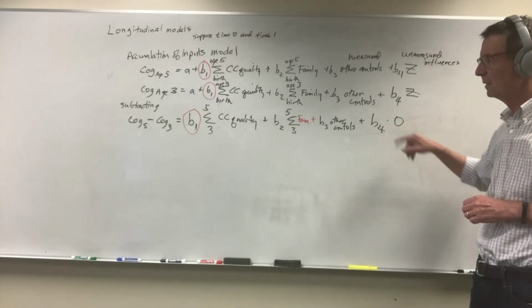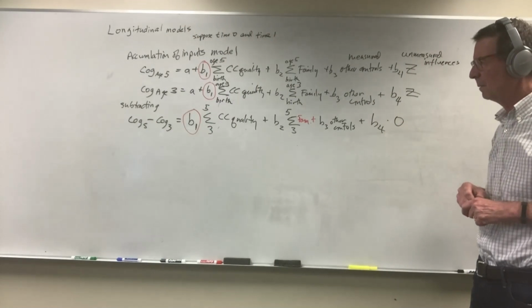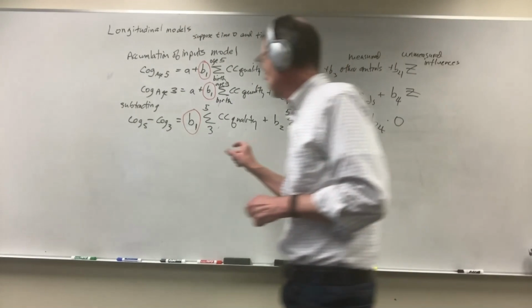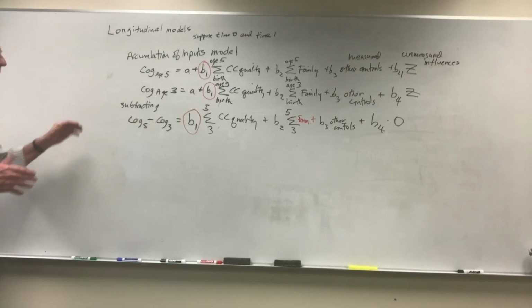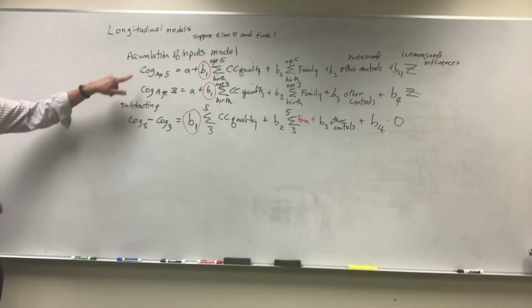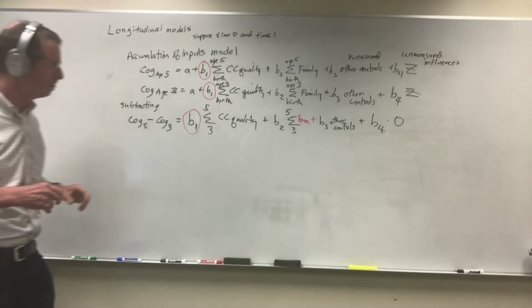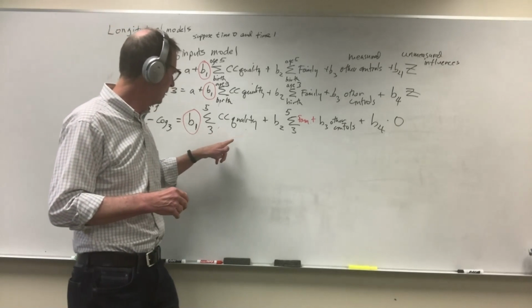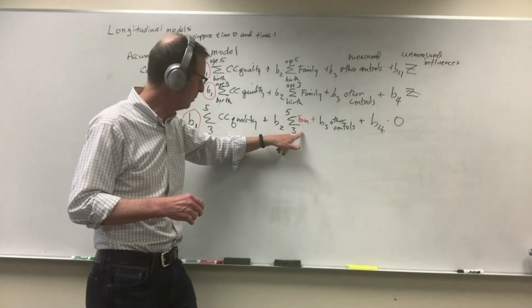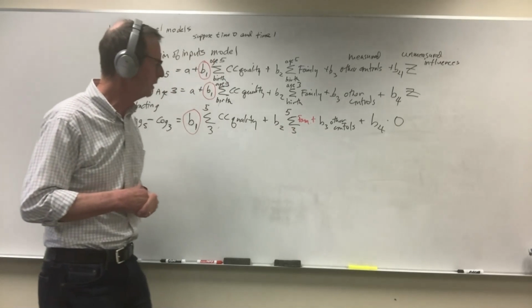So that's why in the childcare article, we ended up trusting this change equation most of all, even though we estimate this equation and we estimate this equation. We also throw in family variables from before age 3, other controls from before age 3.